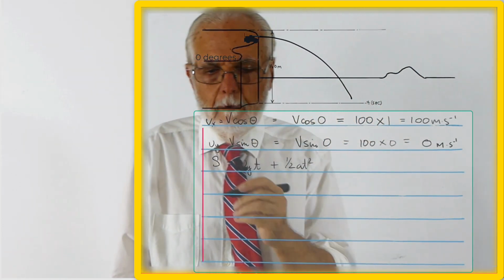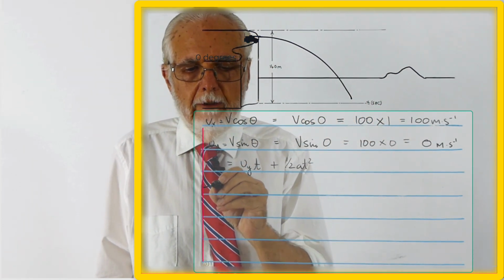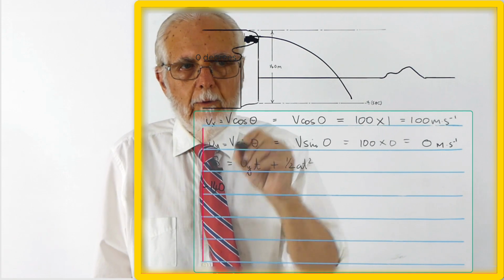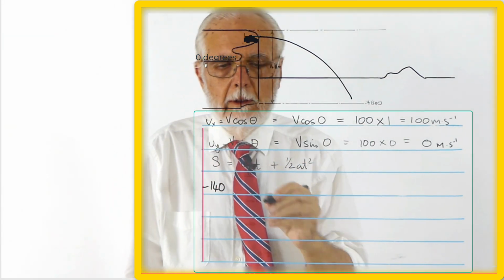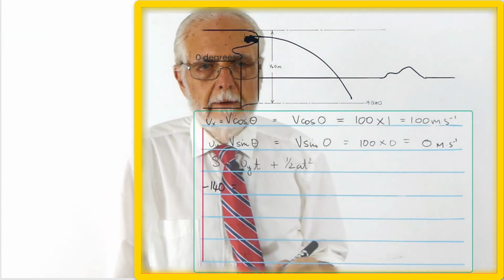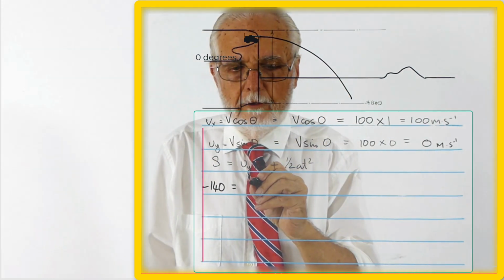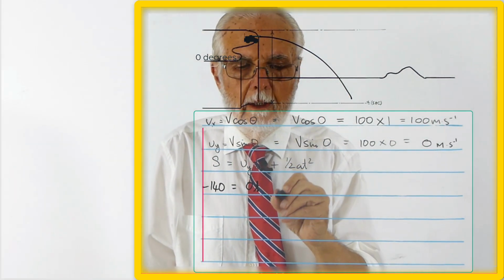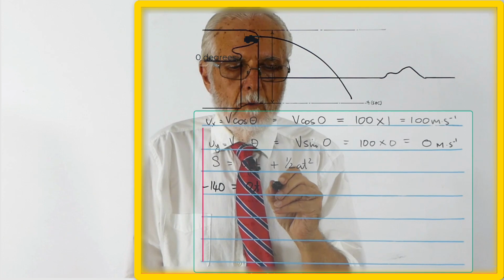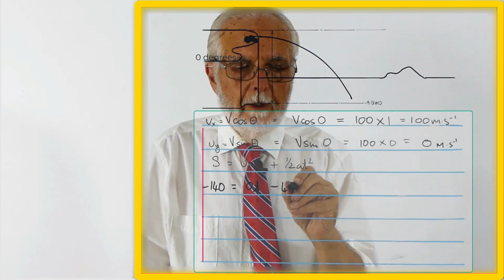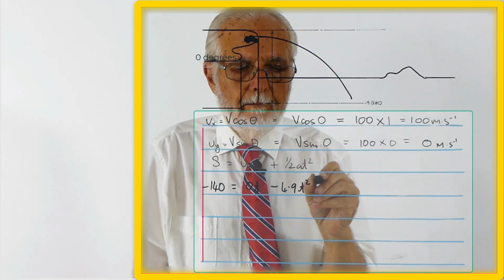We proceed as before. S is still negative 140 because it's going down, we're measuring down. Vy is 0, so we've got 0t. Then we still have negative 4.9 t squared.